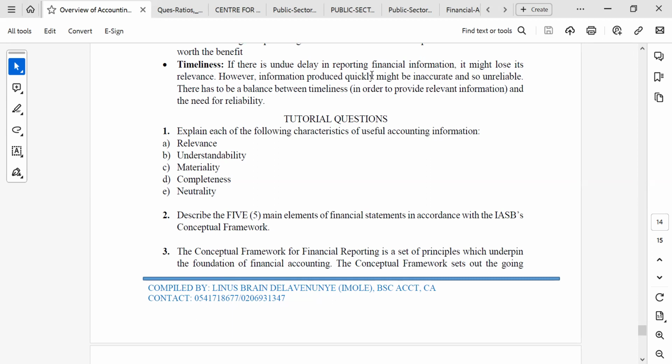Or relevance also should make sure that the decision that people are going to be making with the information given, the information should be able to make a difference in the decision that the people will be making, compared to if they don't have access to that particular information. Or information is relevant if it is serving the purpose that it is needed for. All right.